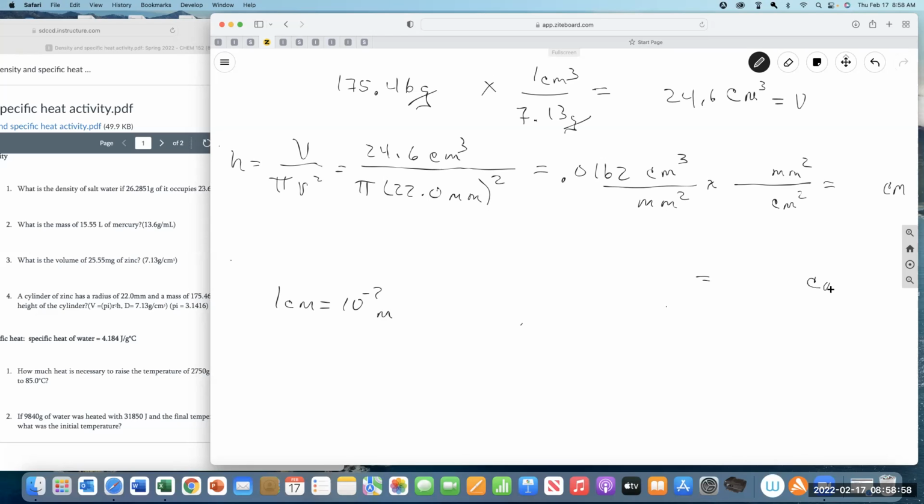Let's put centimeters squared here and millimeters squared here, because I need to figure out this conversion factor. So I'm going to get how many millimeters squared in a centimeter squared. I want to get centimeters squared to make that unit work. 1 centimeter squared is 10 to the minus 2 meters squared. So 1 centimeter squared is 10 to the minus 4th meters squared.